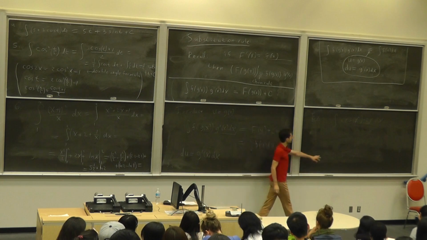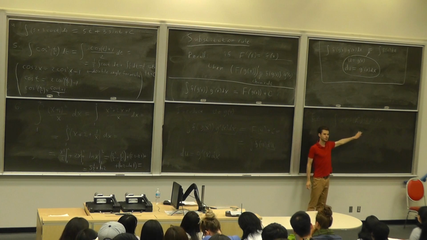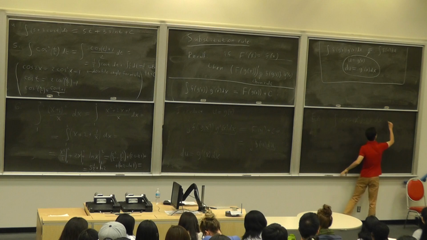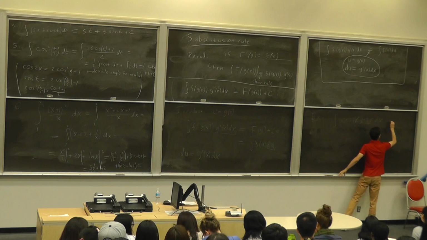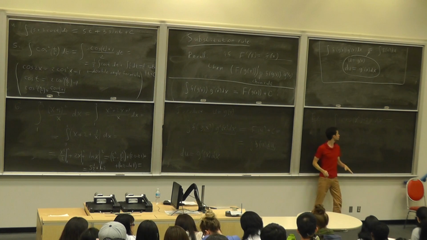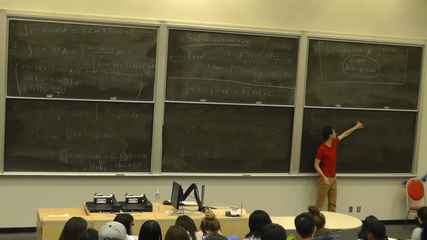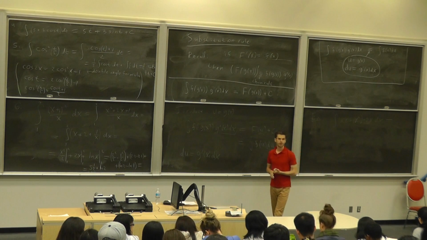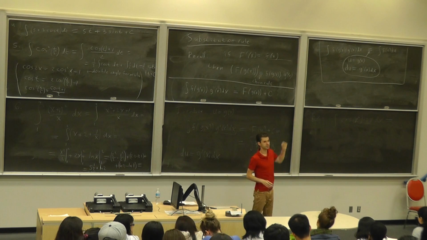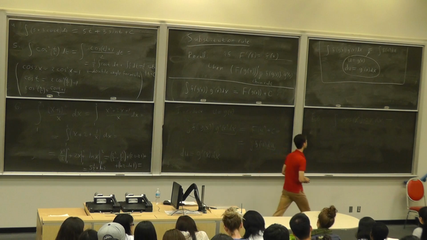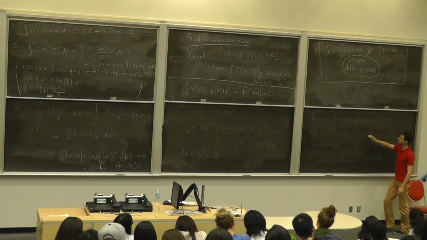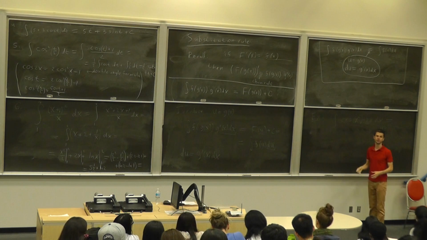I'll start with an example which is really simple. I'm trying to find a function whose derivative is cosine of x squared times 2x. I will try to apply substitution. I'll make a substitution. I see here a composite function.